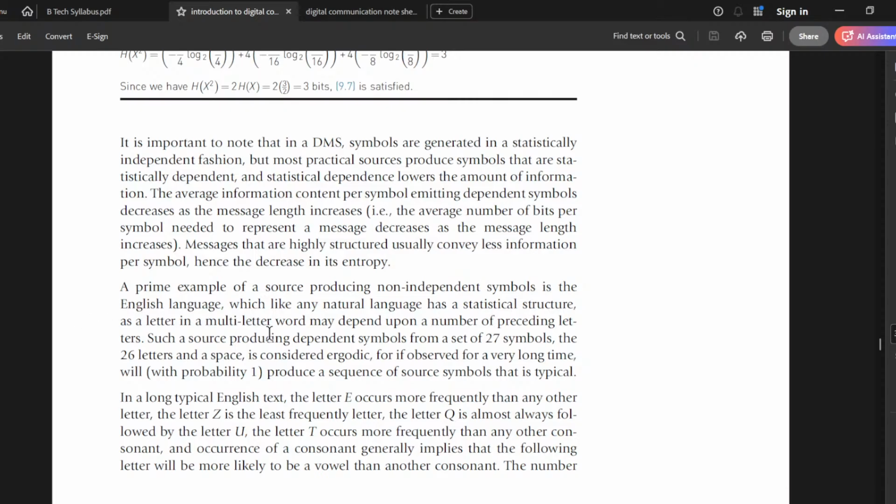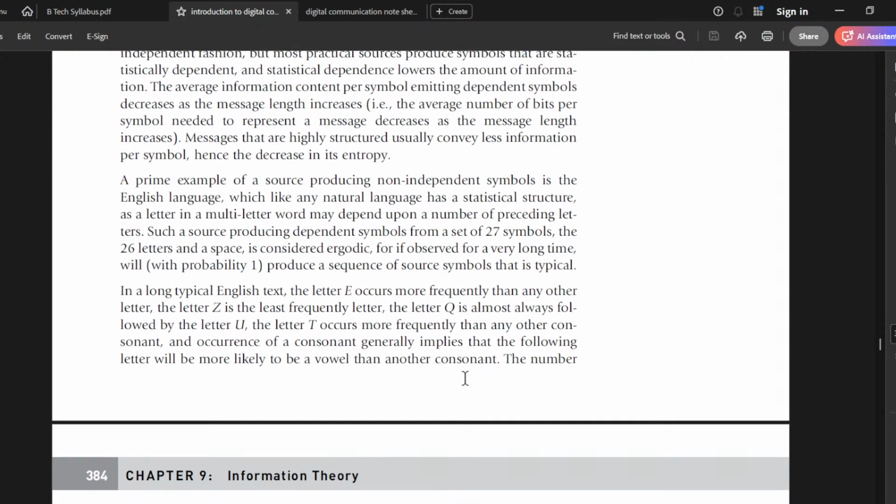A letter in a multi-letter word may depend on a number of preceding letters. Such a source produces dependent symbols, 27 symbols including a space. It is considered ergodic when observed over a long time.